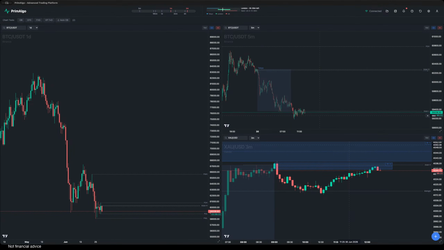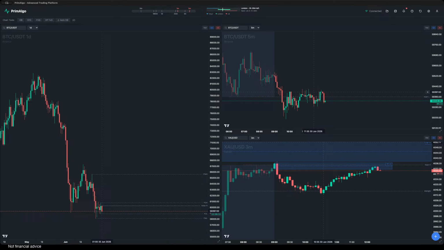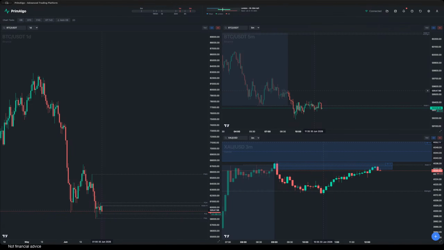So what I'm looking at right now on BTC is one scenario, which is closing above that level, which would bring us potentially to the Asian high. It could still happen, but for now that's not what it looks like.